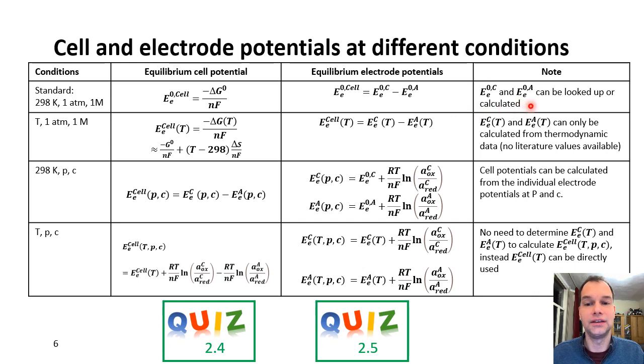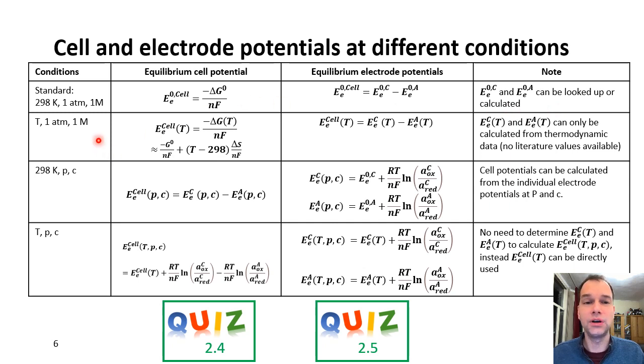As we just discussed, these standard electrode potentials can be looked up in tables found on the internet, or you can also calculate them backwards, just as in quiz question 2.3. So those are the easy conditions.